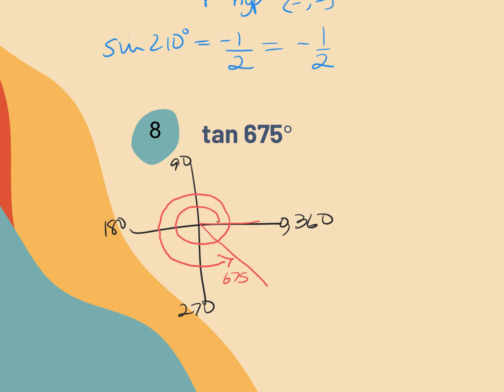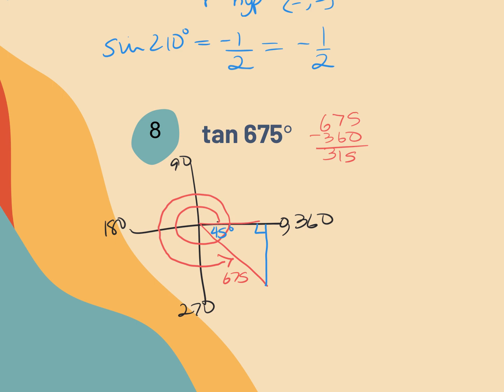If it helps you, subtract 675 minus 360, and then you can see that you went around one full circle and then another 315 degrees. Now again, we always make our triangle go back to the x-axis. So in order to finish the angle, it was 45 degrees.